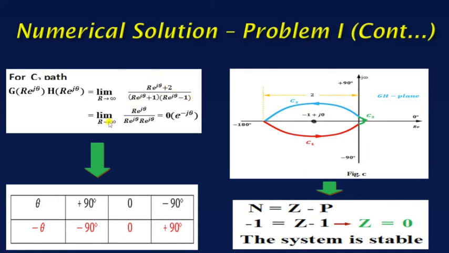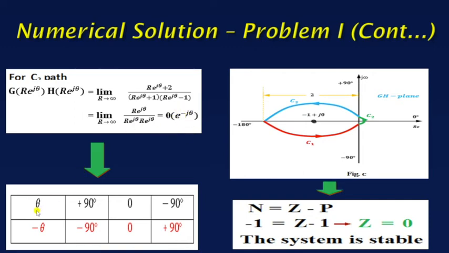That means here we can write R e to the power j theta divided by R e to the power j theta into R e to the power j theta. So the 1 cancels. So the result is, if R tends to infinity, the magnitude is 0 and e to the power minus j theta. This is considered for the phase angle.